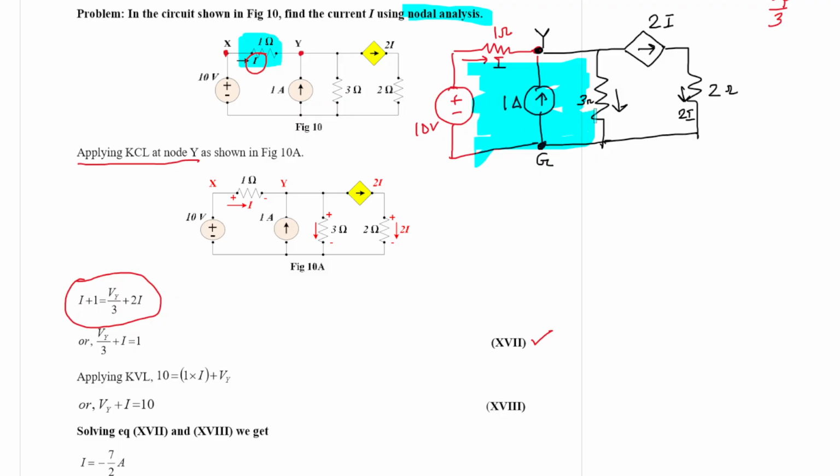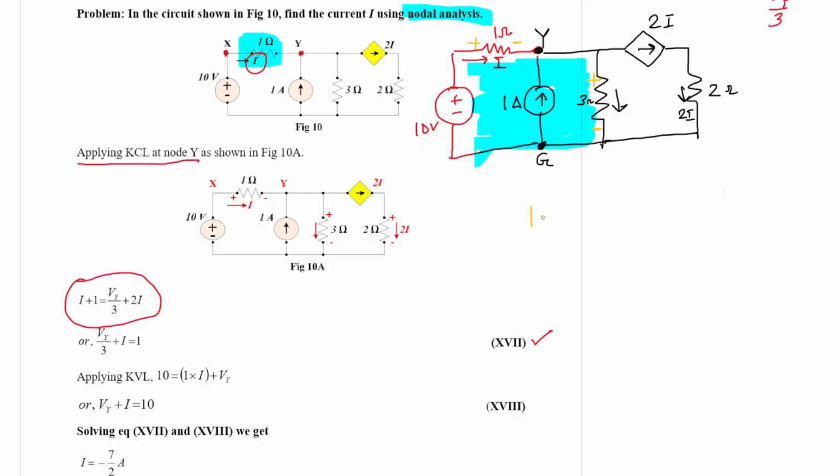Let me point out the polarities. The current I is flowing through the 1 ohm resistance, so this must be polar in this fashion. And in the 3 ohm resistance, current is flowing from Y to G, so the potential drop across the 3 ohm resistance must be this. The potential drop across 1 ohm and across 3 ohm have additive polarity.